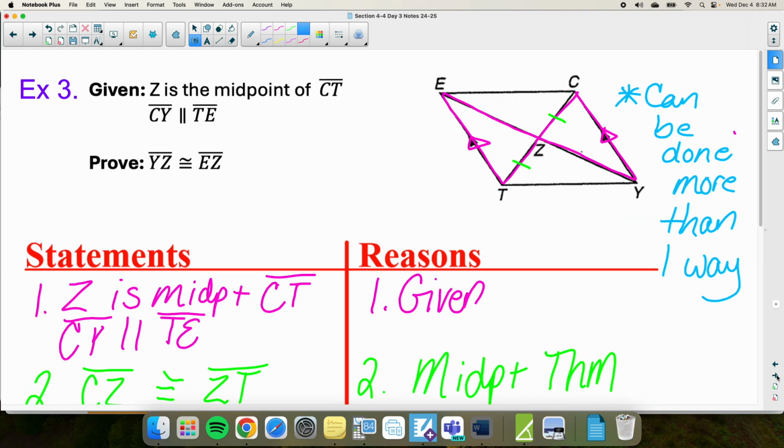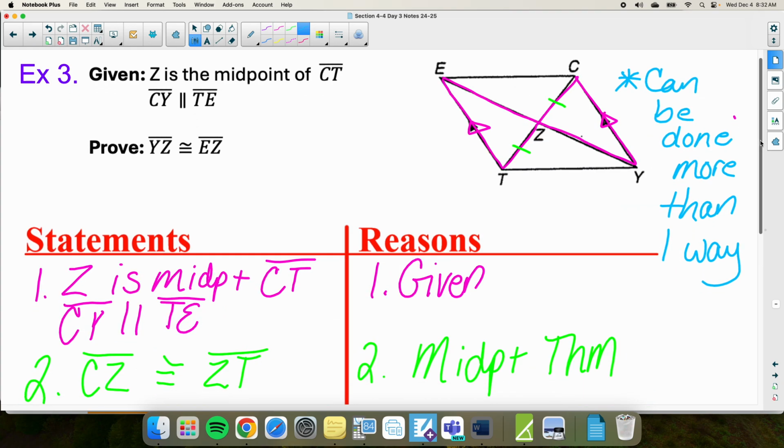All right, so let's choose, instead of the vertical angles, the 2 alternate interior angles.